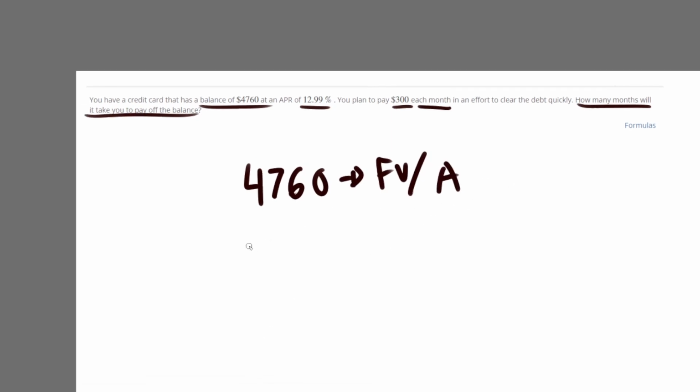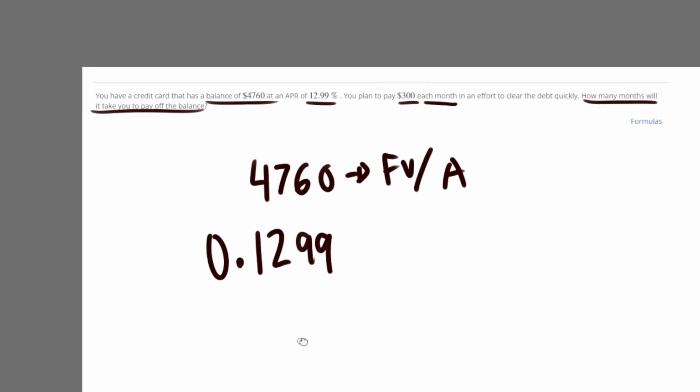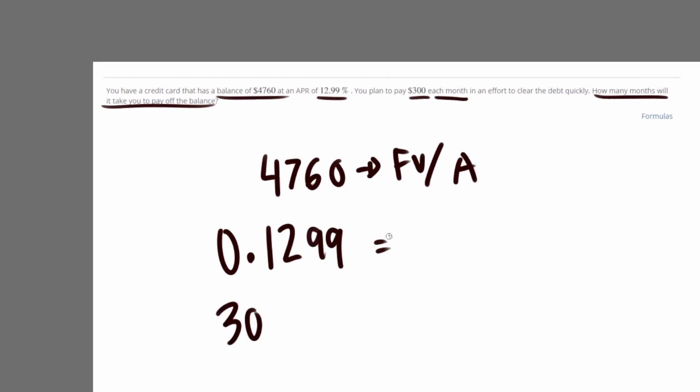So we have our balance of 4,760. Whoops, I forgot, that's a 0. And this is basically our future value or our amount, our FV or our A. We have an APR of 12.99%. I'm going to write that in decimal form, 0.1299. We have 300. Oh, and this is equal to our R before I move on.